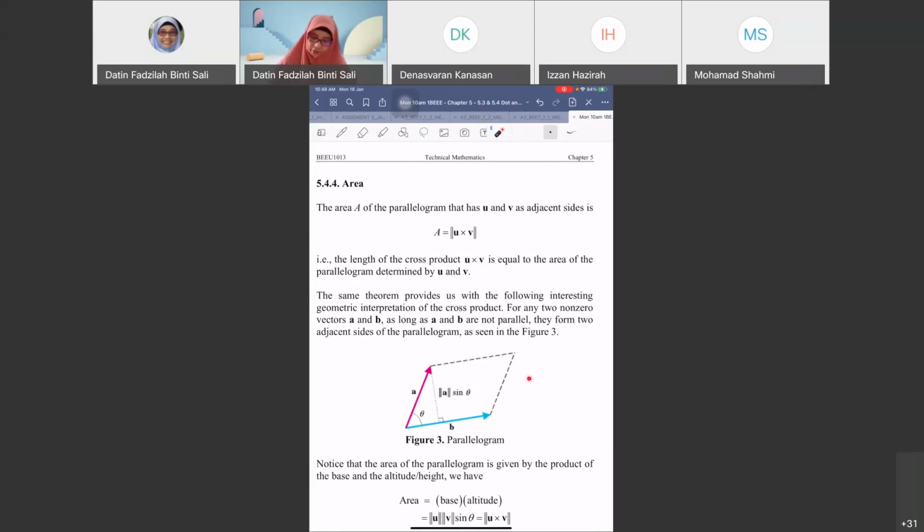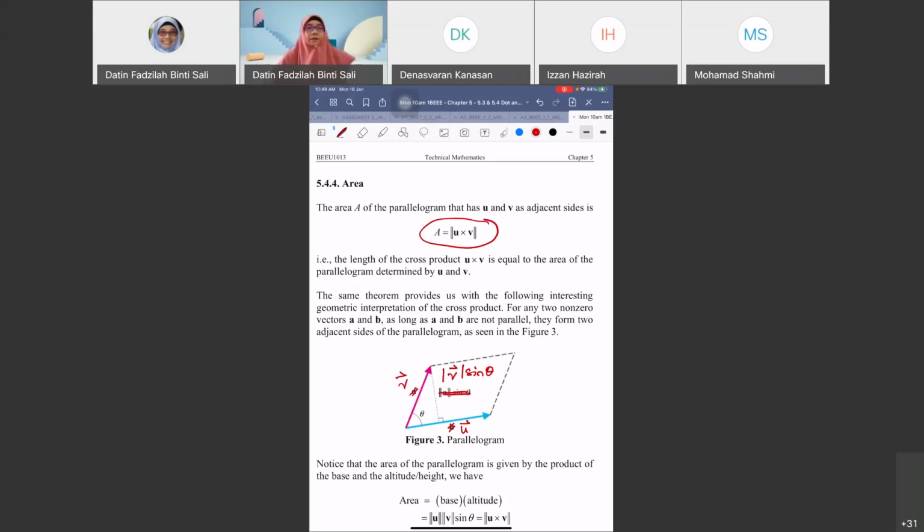This is supposed to be vector A, but maybe I'll put u, because I'm looking at that formula. Then this is vector v, so I'll rewrite this as magnitude of v and then sine theta.